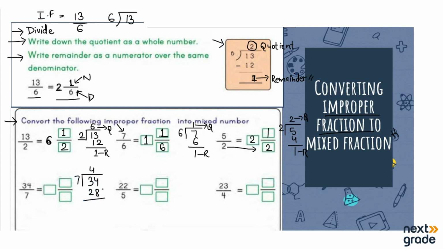And if we subtract 28 from 34, the answer is 6. So we got the remainder as 6. We got the quotient as 4. So we're gonna write the quotient first, and that is 4. Then we have remainder 6. Then we have denominator 7.